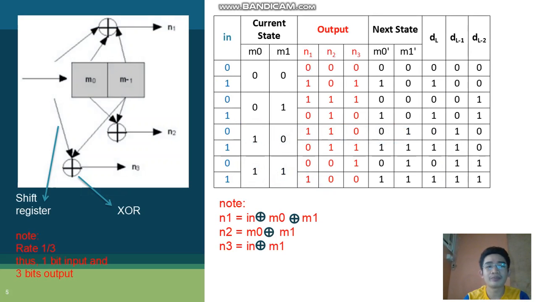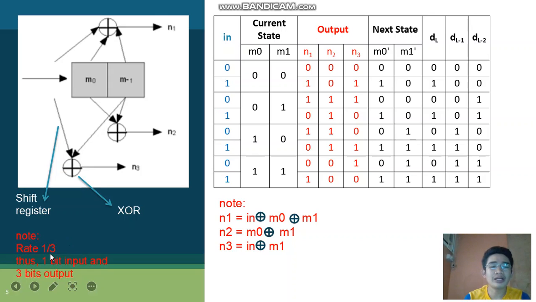Transition table. In this picture, as I have said before, this side are the inputs and this side are the outputs. These M's are the current state. The current state has 4 levels: 0 0, 0 1, 1 0, and 1 1. This arrow is the shift register and this symbol is the XOR.